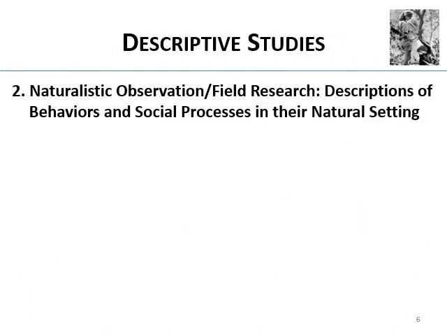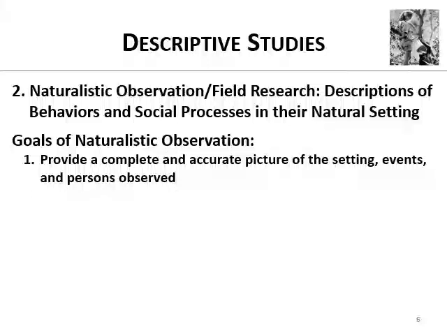So the next type of descriptive study is naturalistic observation, again also called field research. And these are descriptions of behaviors and social processes in their natural setting. So the goals of naturalistic observation are to provide a complete and accurate picture of the settings, events, and the persons involved.